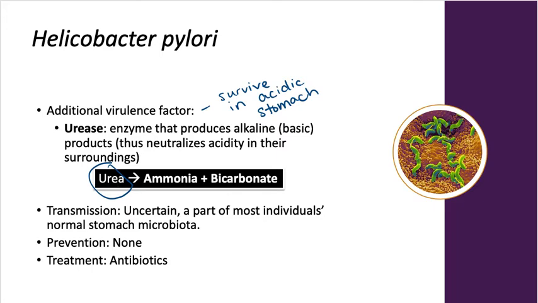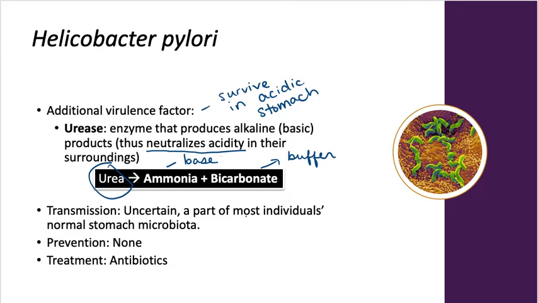And it breaks urea down into both ammonia, which is a base, and bicarbonate, which is a buffer. So this helps neutralize the pH of its direct surroundings, allowing it to be able to grow under such harsh conditions. So the combination of these two things helps it neutralize that acidity in its direct surroundings.